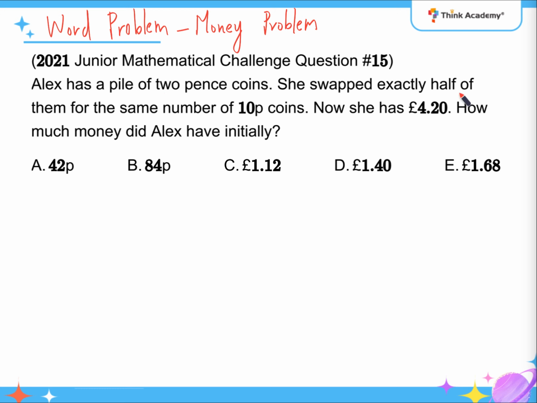She swapped exactly half of them for the same number of 10p coins, which means that, say, the number of 10p coins is x now. So she will have the same number of 2p coins now, right? So let x be the number of 2p coins and of 10p coins.